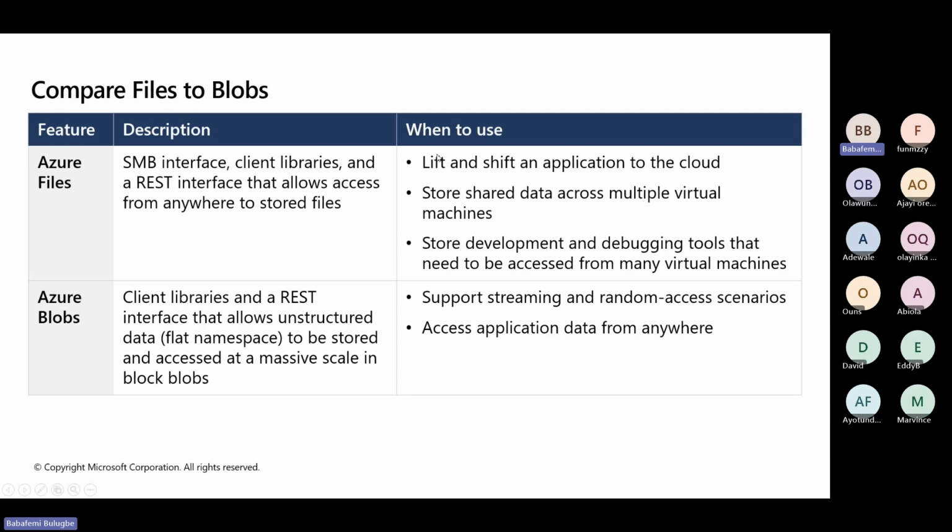Let's say you want to lift and shift an application. When we say lift and shift an application, like I said, it's not as if applications are installed on the server and you go there to access that installed application. No, those applications we are accessing, those websites we are accessing, they are just files and folders. So when I create a file, I store it in my system, then I give access to that particular folder.